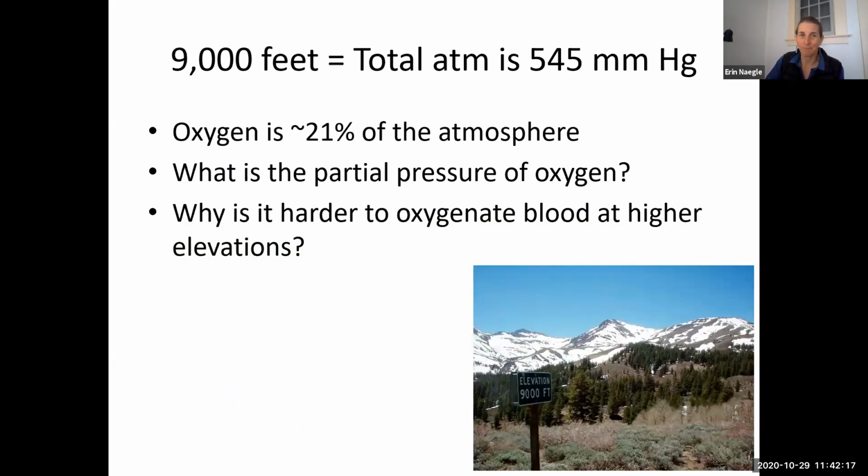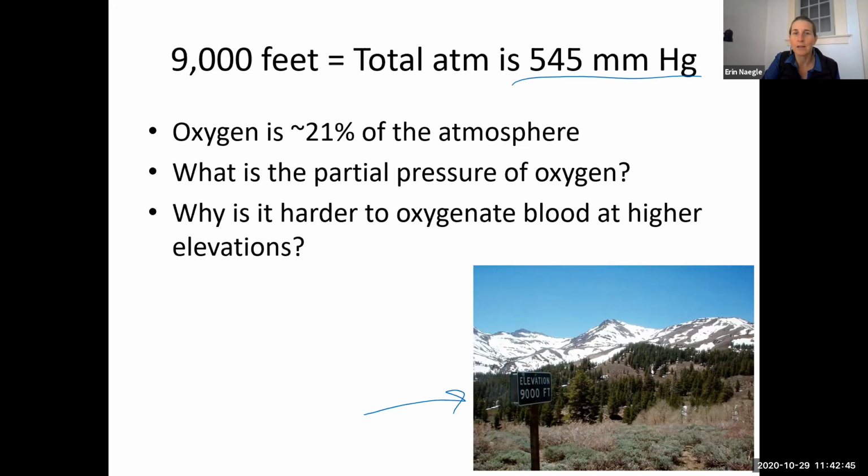So here's a fun game. Let's say you decide to go hiking up around Sonora Pass, and there's a sign there that says 9,000 feet. At 9,000 feet, the total atmospheric pressure is lower, because you've moved up, so there's less between you and the top of the atmosphere. So the total atmospheric pressure at 9,000 feet is 545 millimeters of mercury.